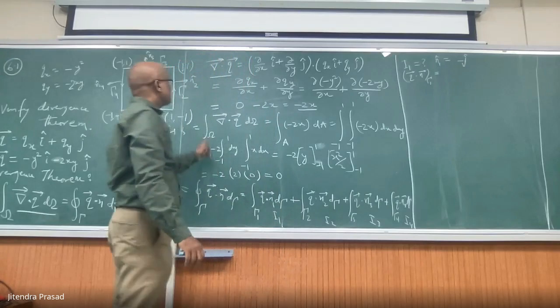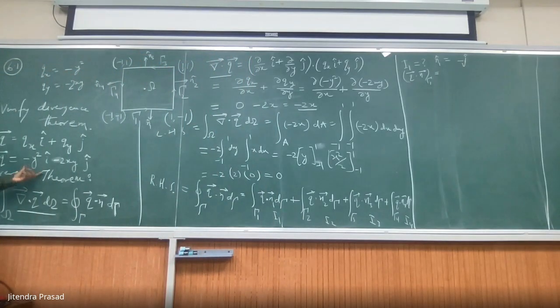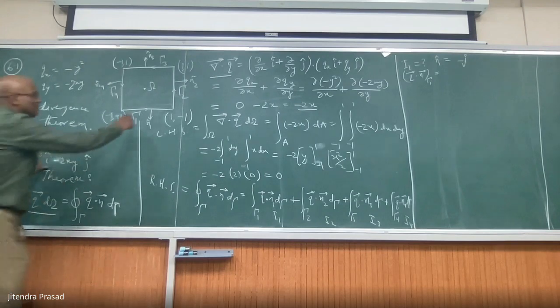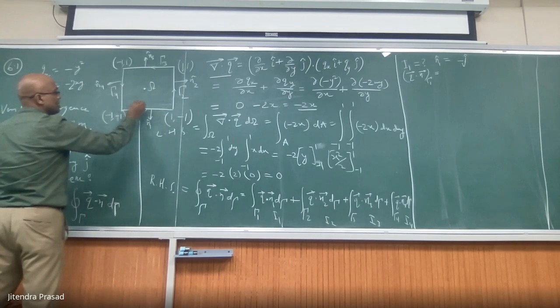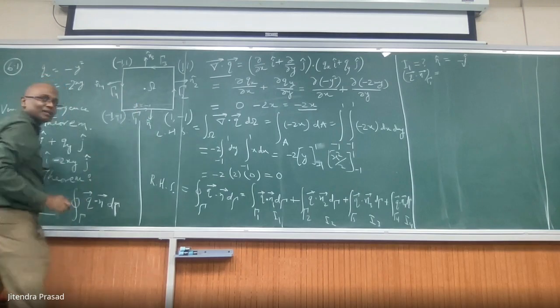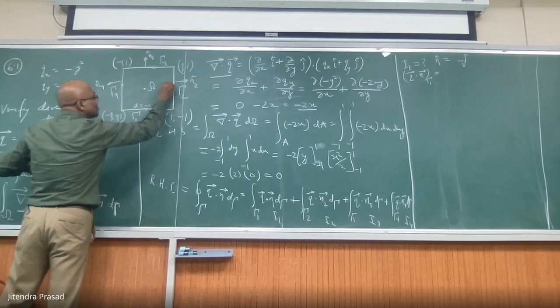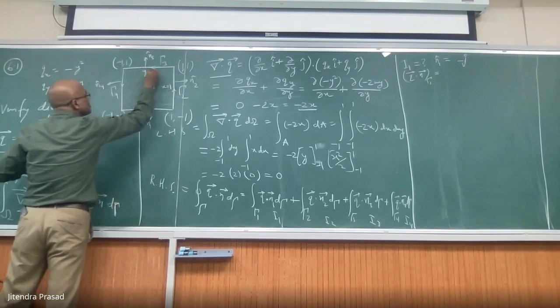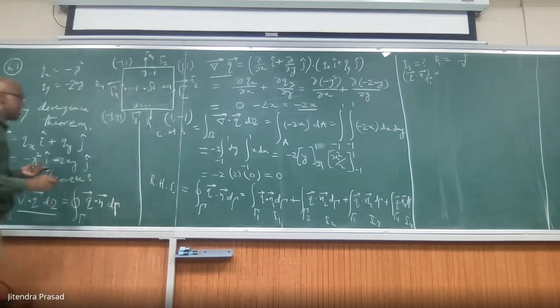Now, if you see the Q value, here, what is varying? Here we have y equal to minus 1, which is fixed. Here x equal to 1, y equal to 1, and then x equal to minus 1.